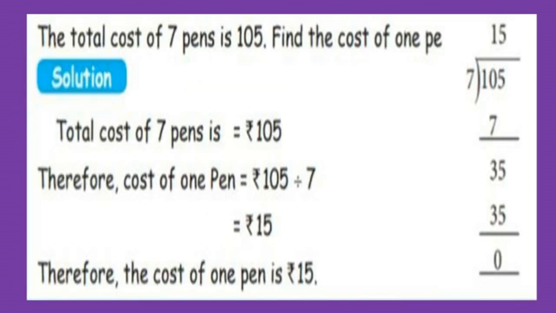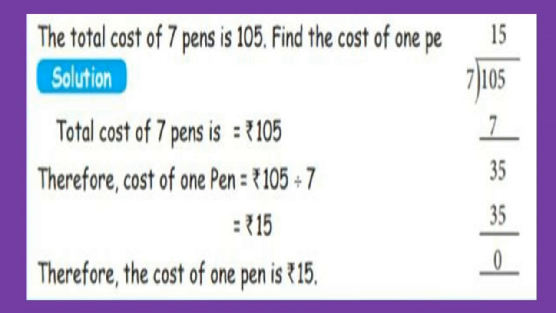The total cost of 7 pens is 105 rupees. Find the cost of 1 pen. So the solution is the total cost of 7 pens is 105 rupees. So we are going to do 105 divided by 7. 1 will not go in the 7 table. So take the 2 numbers, 10. 7 ones are 7.